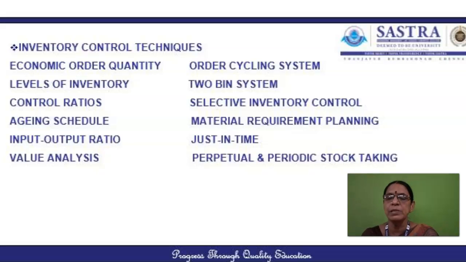Say, for example, if these essential items are not available, then the production can be managed for a day. But when we come to desirable items, the production can be managed for a week. So we have vital, essential and desirable. This is also one of the selective inventory control systems, wherein the items are classified as vital, essential and desirable.